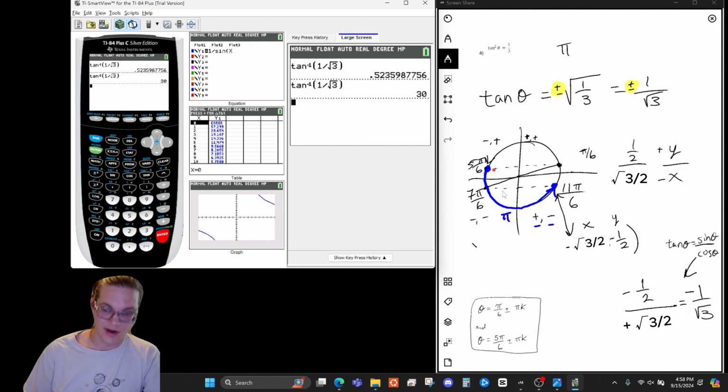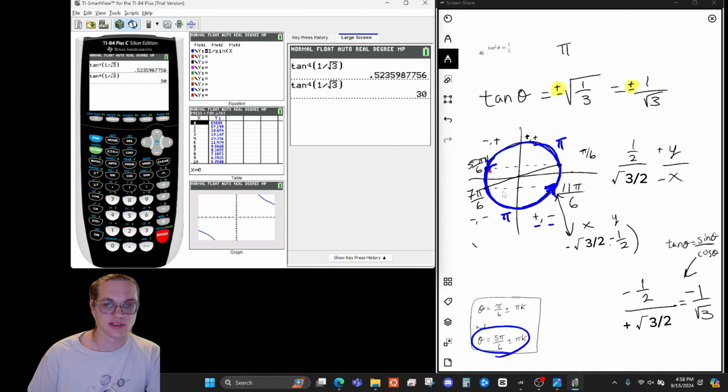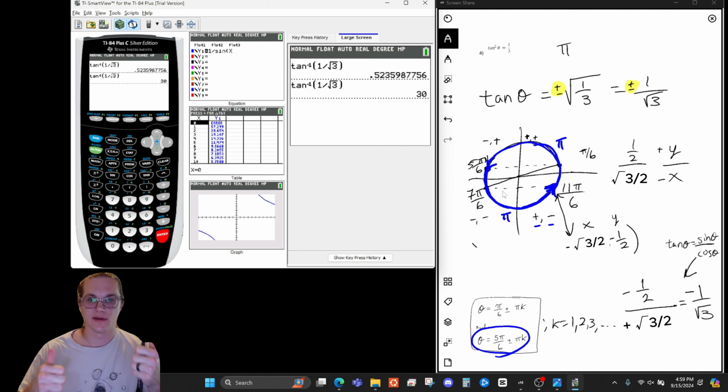So that does add up, but really we could have just added a pi because we know we're working with tangent, which has a period of pi. And then we do that with an infinite number of solutions as we continue to add pi, add pi, add pi. And that's how we got this. The first solution, where the answer was negative 1 over root 3, plus or minus this increment of pi times integer k. And that should be good for that one.